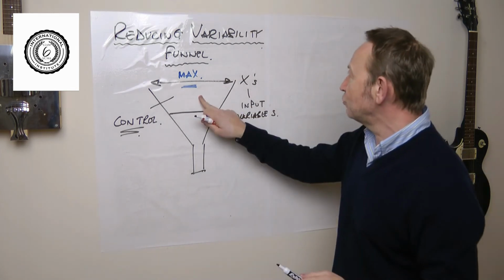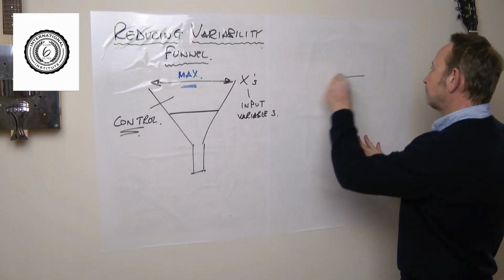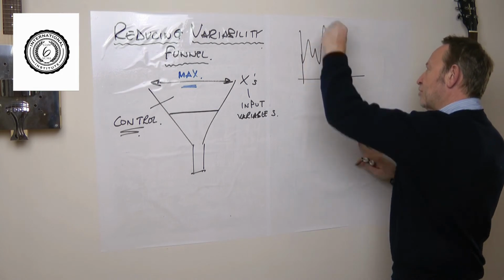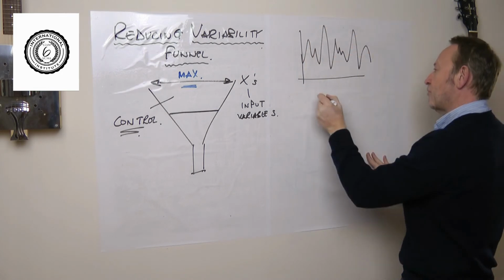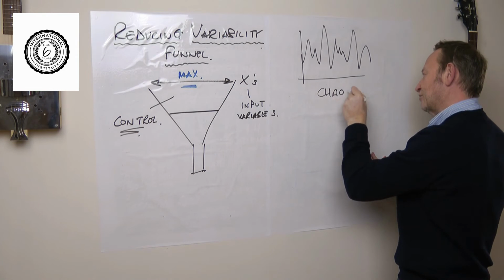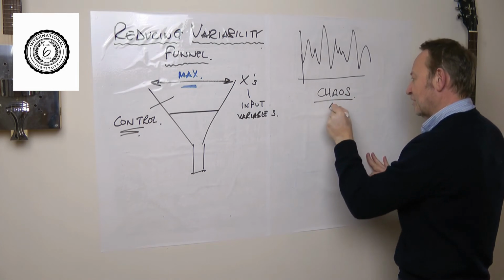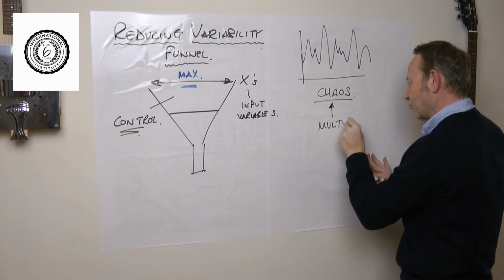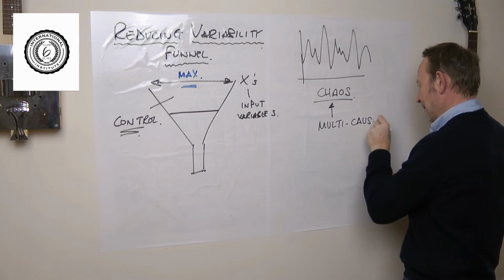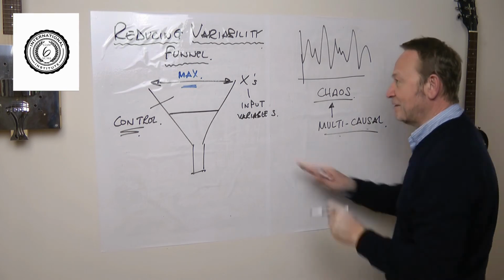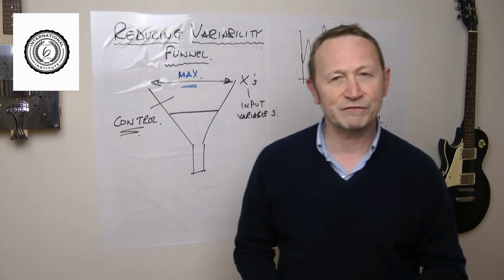So the first thing you should be doing, usually when you look at your process, usually your process is in chaos. This is multi-causal. Many variables are running out of control.